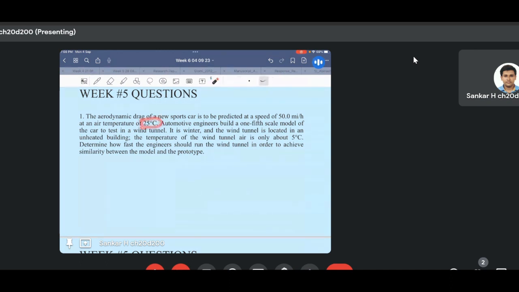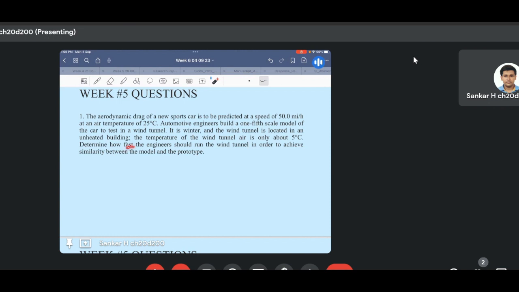Automotive engineers built a 1/5 scale model of the car to test in a wind tunnel. It is winter and the wind tunnel is located in an unheated building, and the temperature of the wind tunnel air is about 5 degrees. So there is a dependence of viscosity and density on temperature.